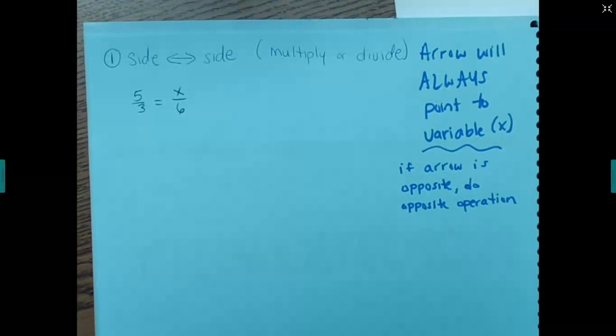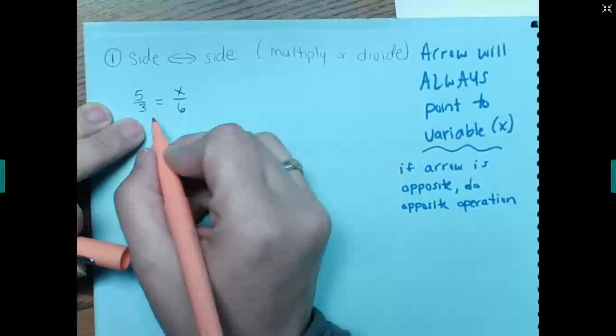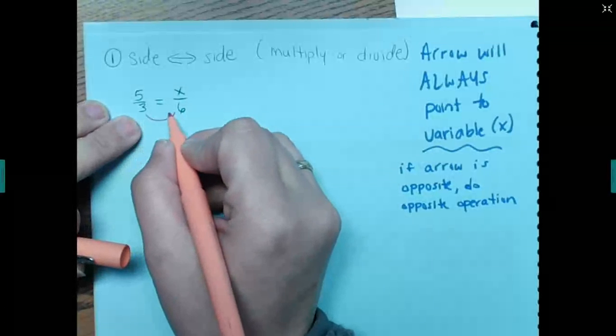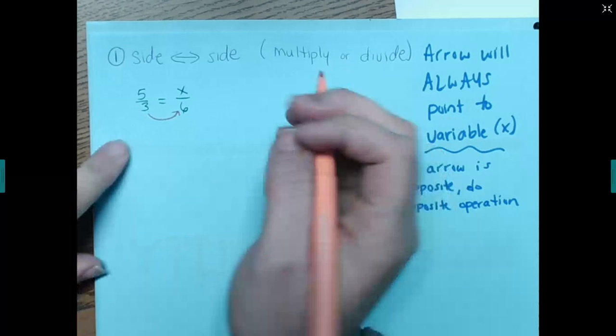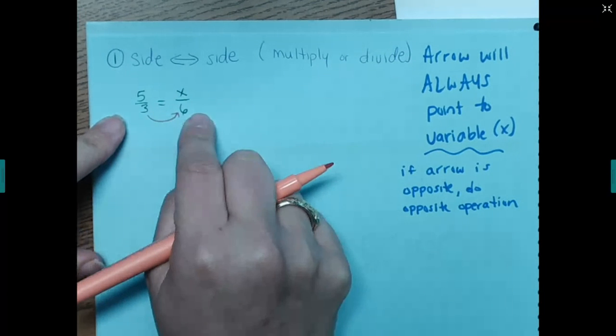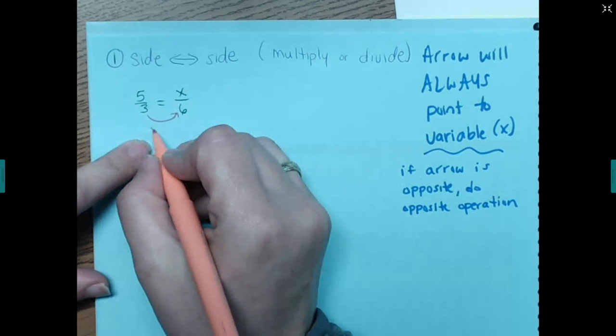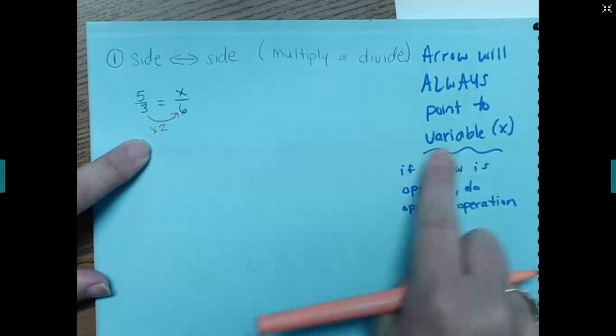All right. So I can't get from 5 to x, but I can get from 3 to 6. Remember I said the shortcut is multiplying or dividing. So what can I do to get from 3 to 6? Multiply by 2. Good. Now up here I said the arrow always points to the variable.